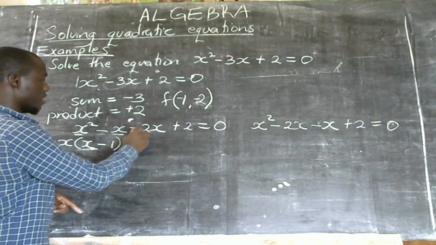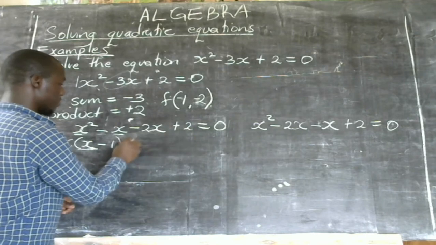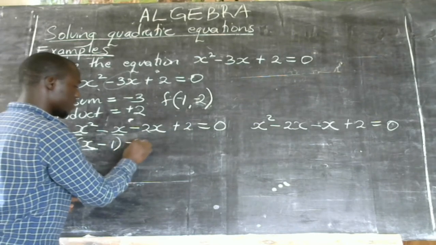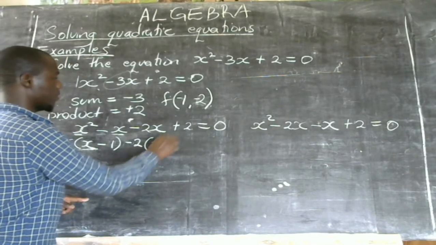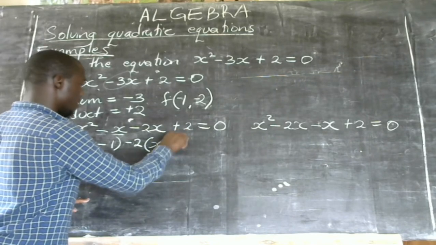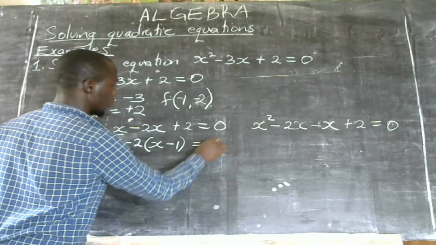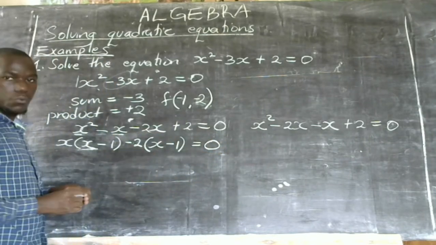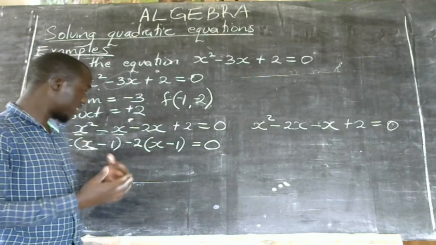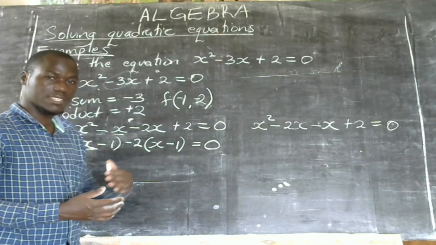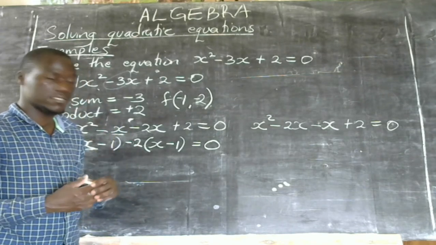Then for this one here and that one there, I'm seeing that a negative 2 is common. So this x is going to be positive, then that one is going to be minus 1 is equal to 0. We said when you are factorizing, make sure that when you open the brackets, it takes you back to the previous step.